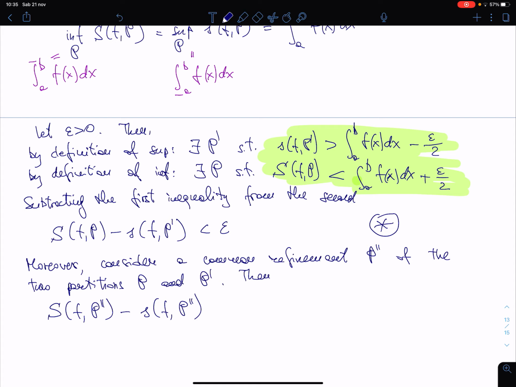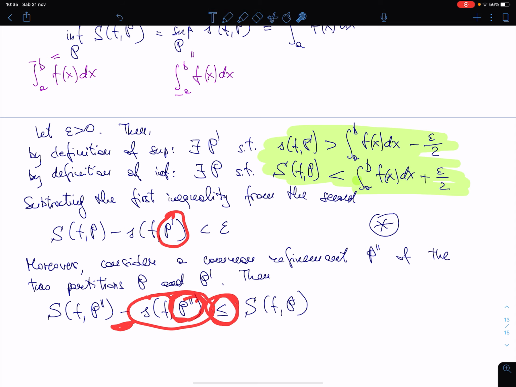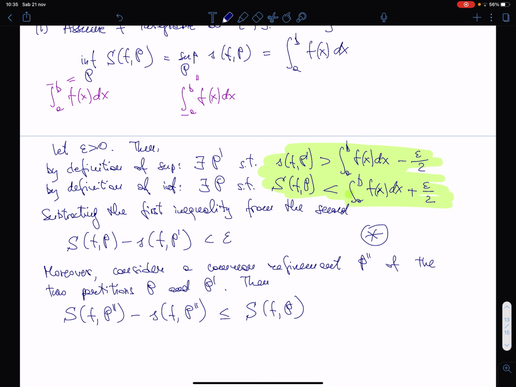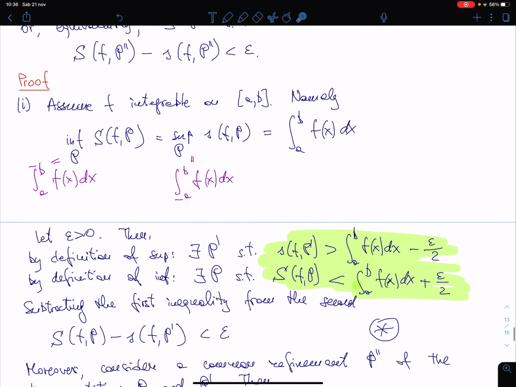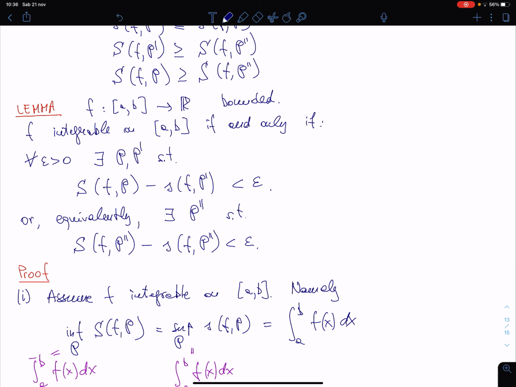Of course, since p second is a refinement, the upper sum is not larger than the upper sum with respect to p, and the lower sum is not smaller than the lower sum with respect to p prime, but there is a minus sign, so we can say that it is not larger than S of f p prime minus s f p prime, that is less than epsilon by asterisk.